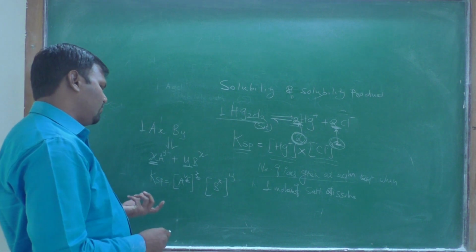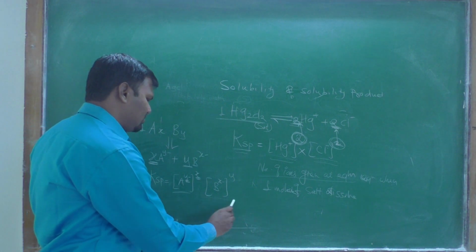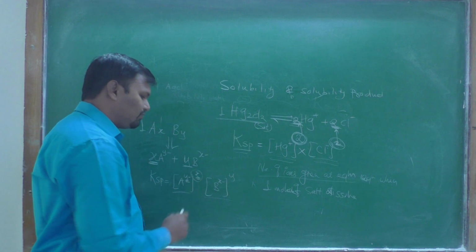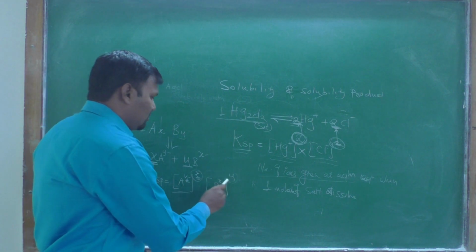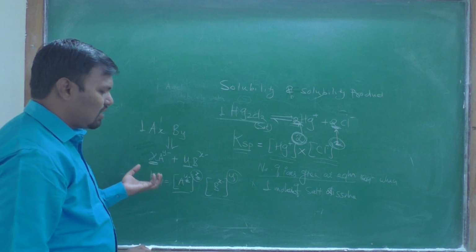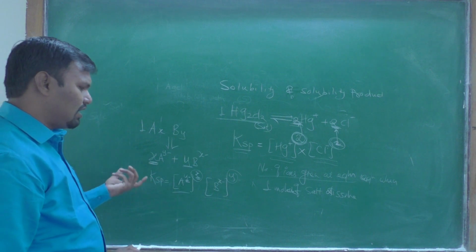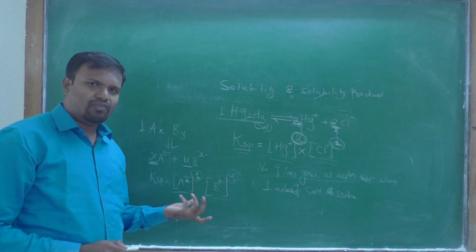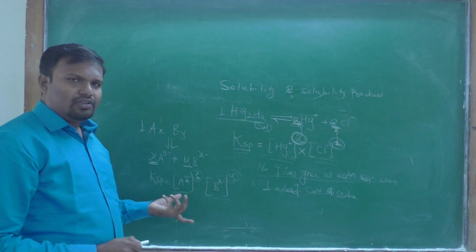Therefore we have defined it as a product of ions raised to a power. The power is nothing but the number of ions produced in the equilibrium equation when one molecule is dissolved.